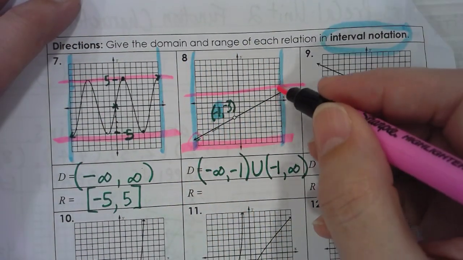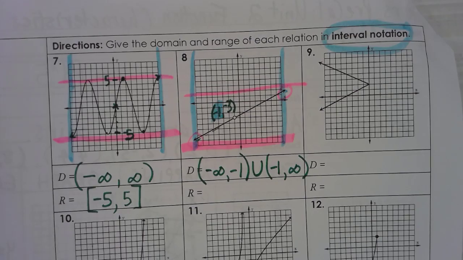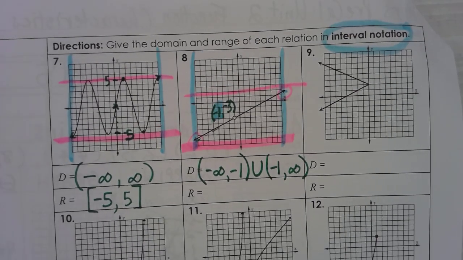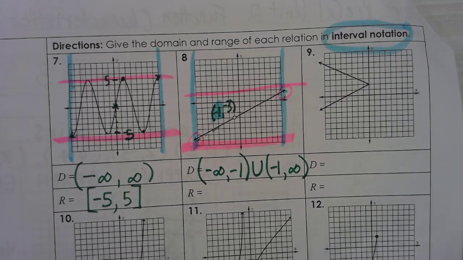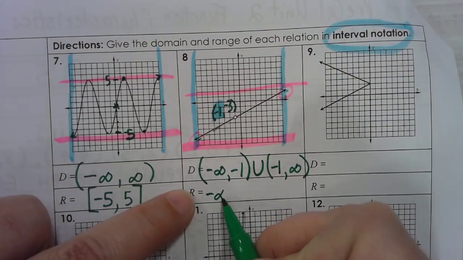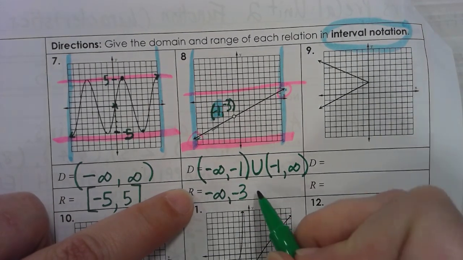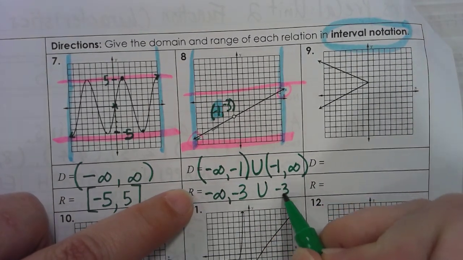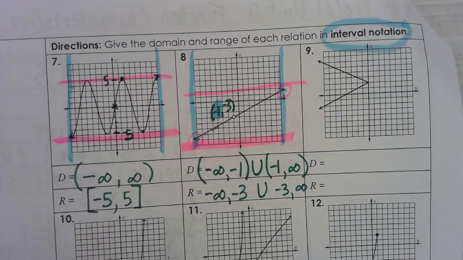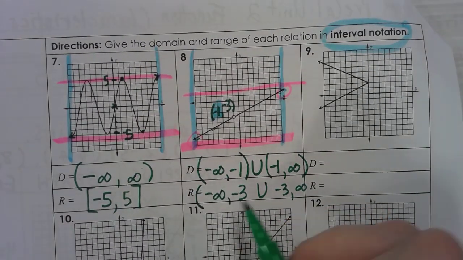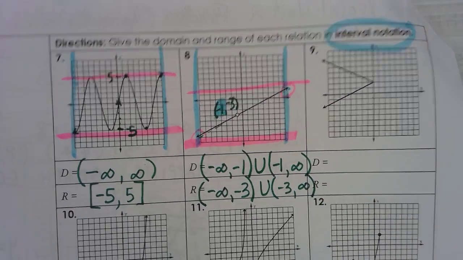There's another arrow over there on that end. Okay, so this goes forever, except for the -3. So you're already writing that? Yeah? So from -infinity to -3, and then it jumps from -3 and goes up to forever. Okay, and then you just put on your parentheses or brackets. None of these can be included, so we got all parentheses.